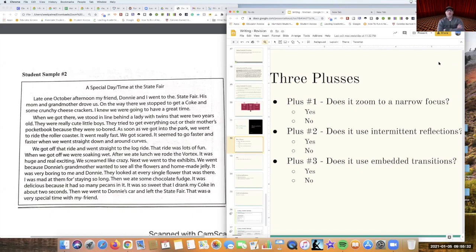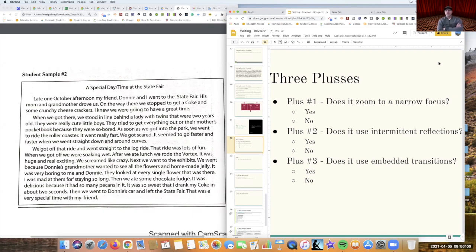Those two sentences right there tell, they don't show. There is so much ground, just in those two sentences alone, so much that you could do in terms of showing and not telling. But the short answer is, does it zoom to a narrow focus? The answer for +1 is no.